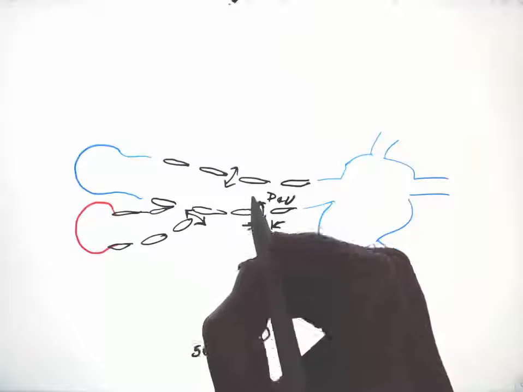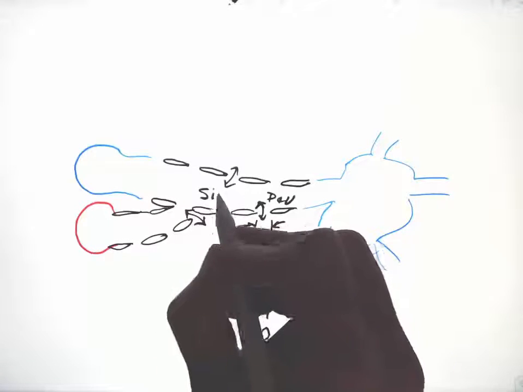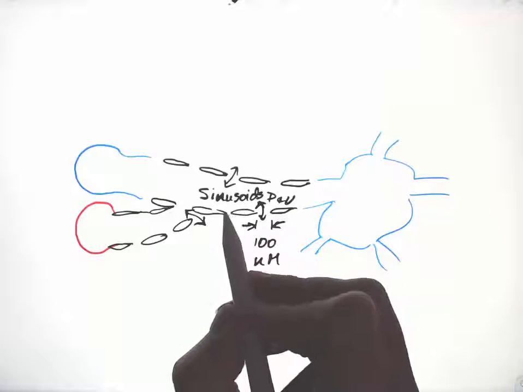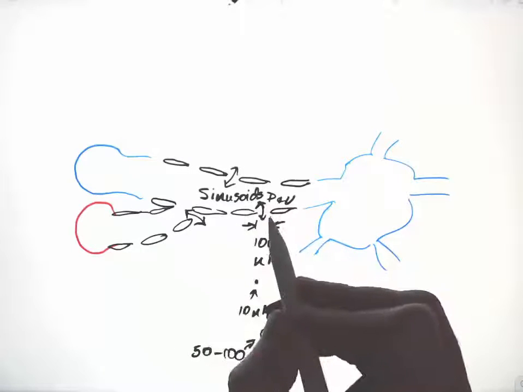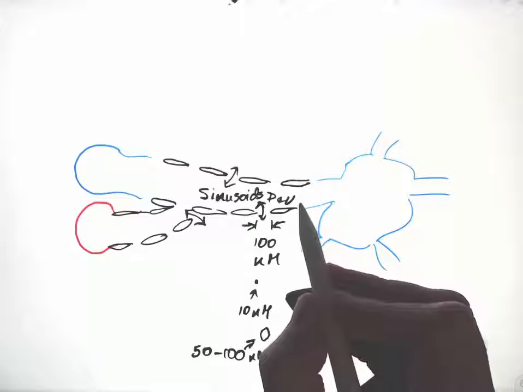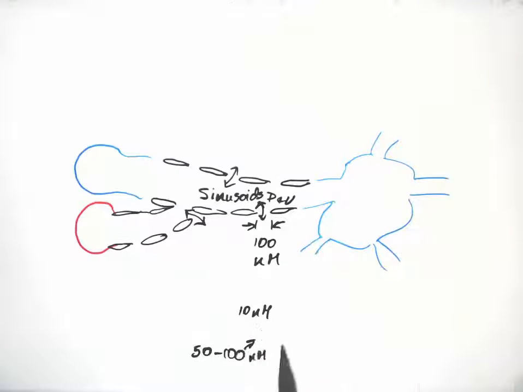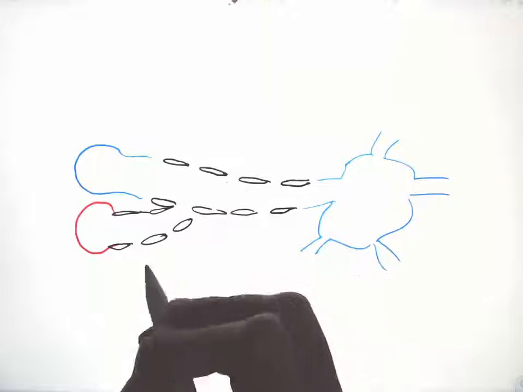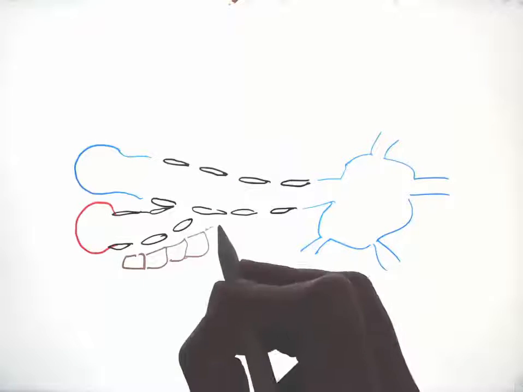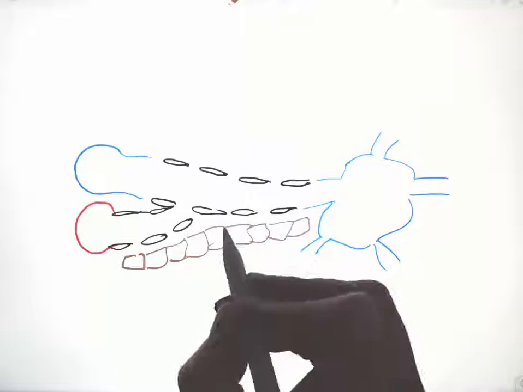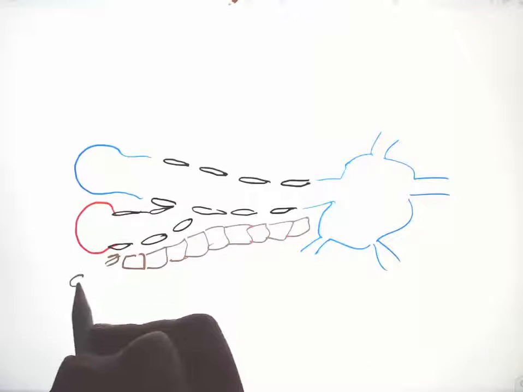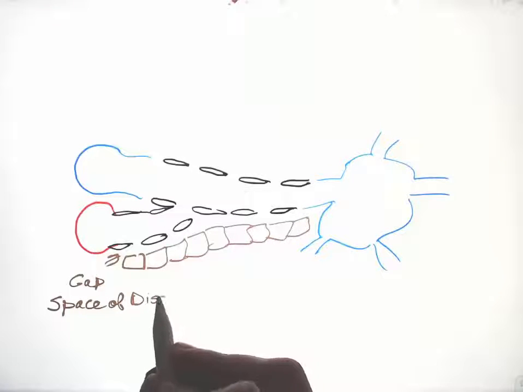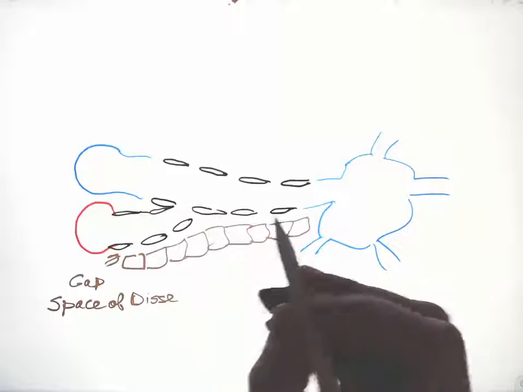These spaces are actually called sinusoids, in reference to the fact they're more like a sinus, something with lots of gaps and pores, than they are a typical interior of a capillary. The hepatocytes, major cells of the liver, are separated by a gap, the space of Disse, from the capillary endothelial cells.